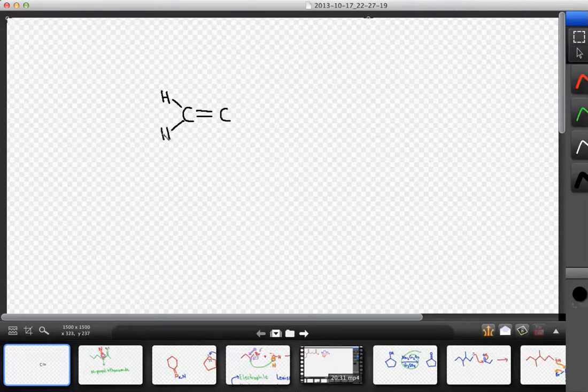So on one of these carbons, I'm going to have a lone pair of electrons. It is tempting to suggest that the pi bond is more nucleophilic, but because I have this lone pair on one of the carbon atoms, it is by far the most reactive nucleophile in the molecule.